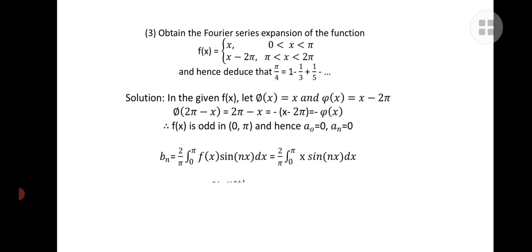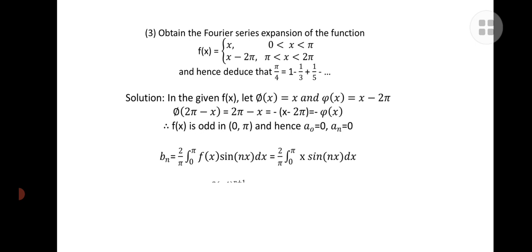If we go for the solution, let us first take the function, that is phi of x is equal to x and psi of x is equal to x minus 2 pi. Phi of 2 pi minus x is equal to 2 pi minus x, and that is equal to minus of x minus 2 pi, and that is equal to psi of x.